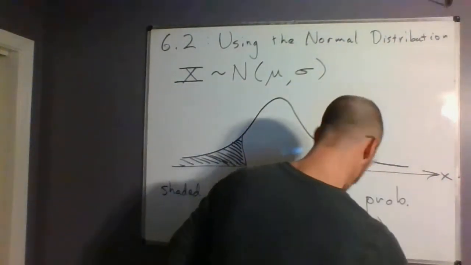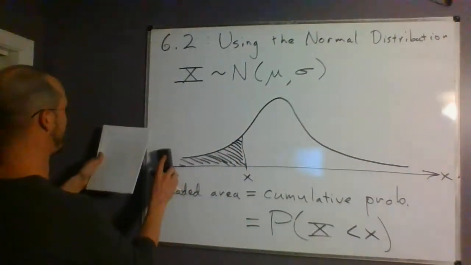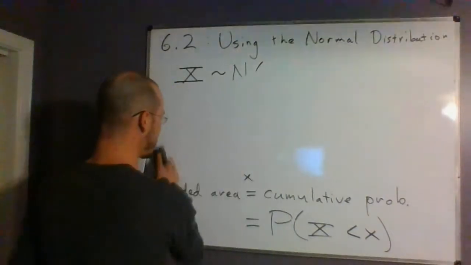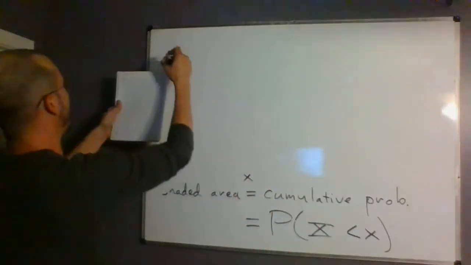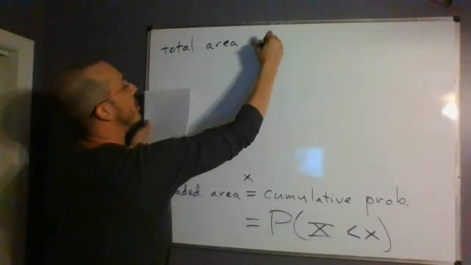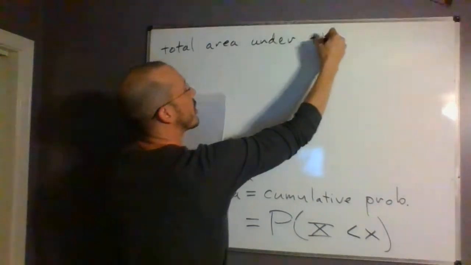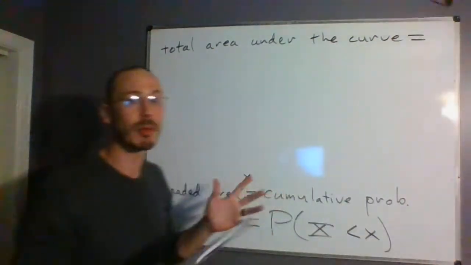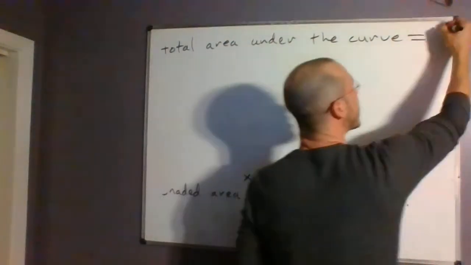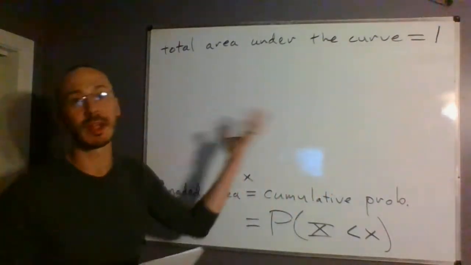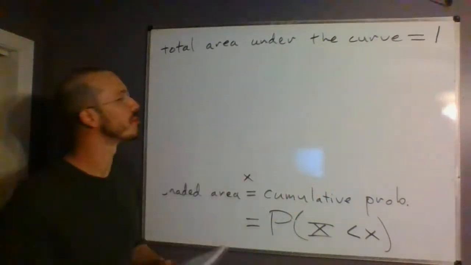Let's also look at the total area under the curve. Since it's a probability distribution, that area is 1 for the total area, a probability of 1 for the whole thing, or 100%.